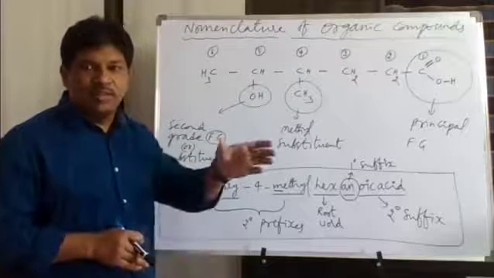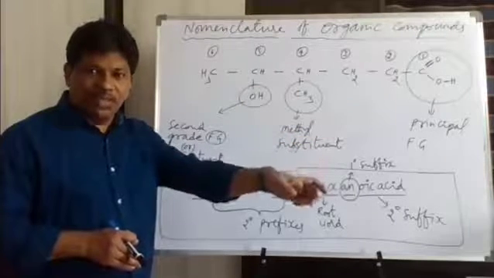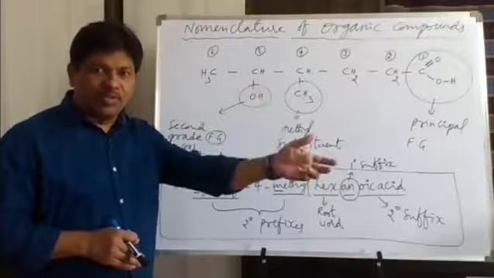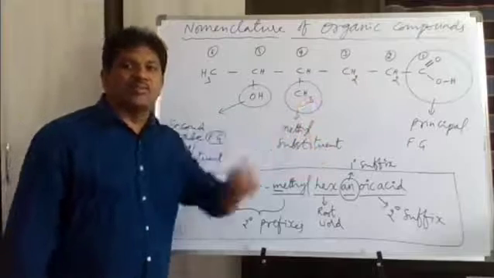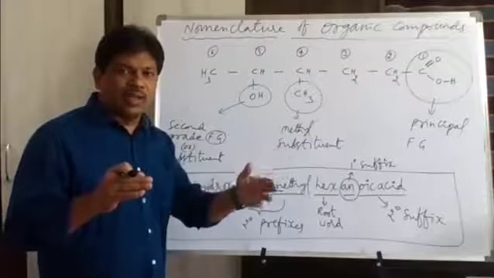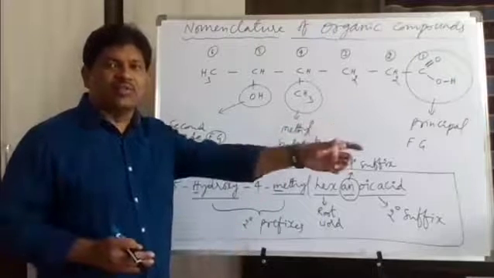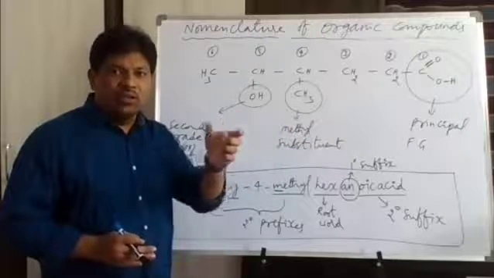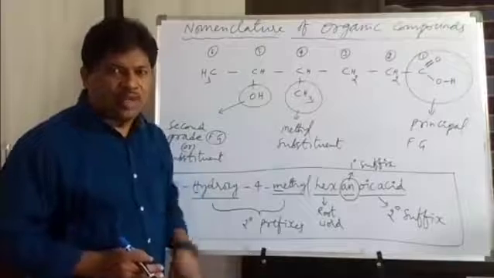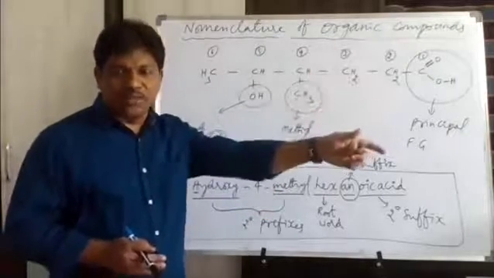Word root will be there in the IUPAC name. And sometimes what will be there? Primary prefix, primary suffix after the word root, then secondary suffix. So there are different parts: prefixes before the word root and suffixes after the word root. The root word or word root represents what? The number of carbon atoms. Whatever we write after the word root is called suffix.